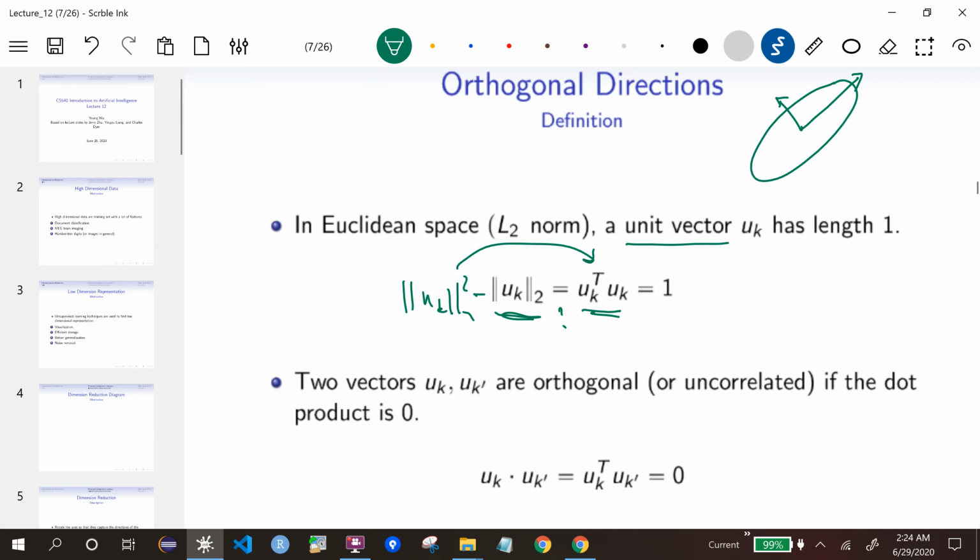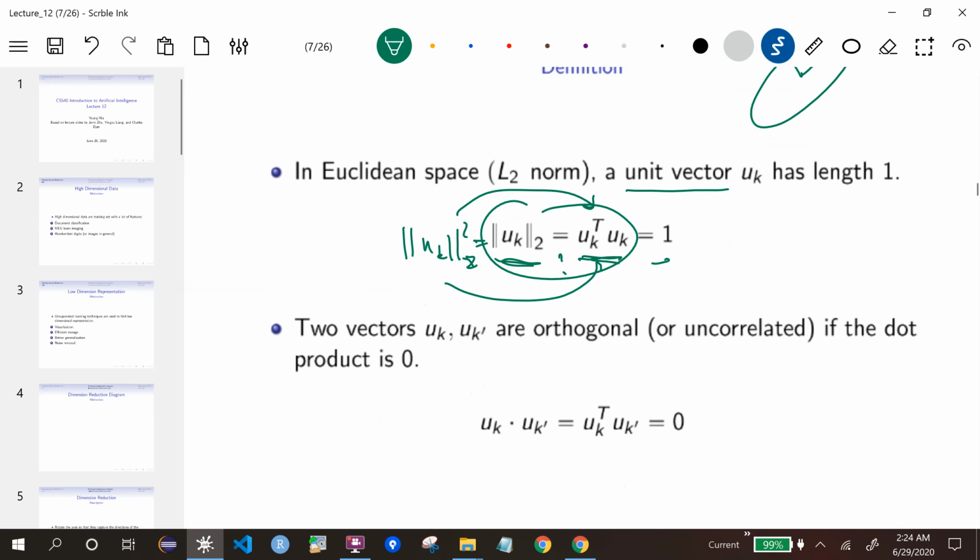So don't be confused, that is not the definition of the norm. Since the norm is 1, they're basically the same thing. So if the dot product between a vector and itself is 1, then it's a unit vector. So that's the first thing.